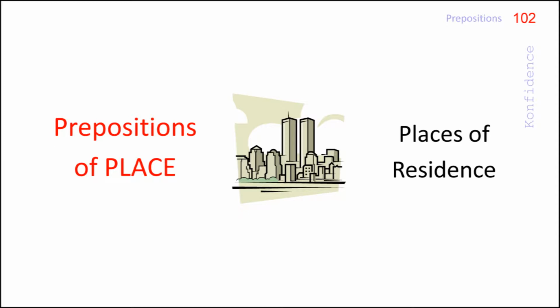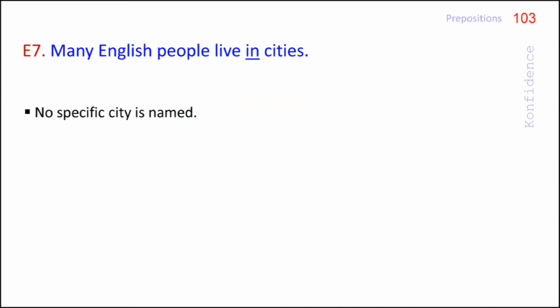Another important function of preposition is to indicate a place of action. When the reference is merely general and no specific place is named, the preposition in is used. Look at the example. In that sentence, no specific city is named.